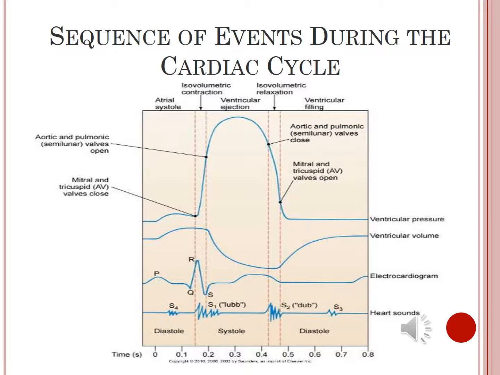And then you can see here mitral valve and tricuspid valves close. It talks about atrial systole, ventricular ejection, and ventricular filling. So just look at this and take into consideration all the functions of the heart and what you're feeling for and listening for.